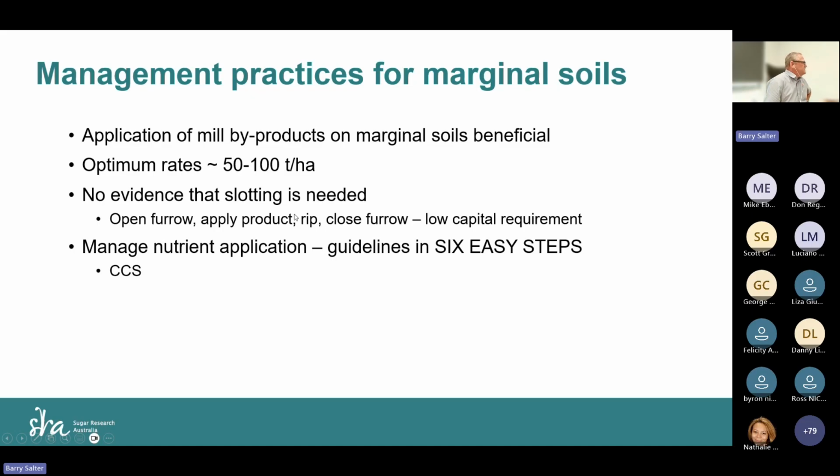There was no real evidence that slotting was needed. And what Atkinson and Larson tended to do was open a furrow, apply the product, put a ripper through that line, and then close the furrow. One of the advantages of doing it like that was that there was a relatively low capital investment, because just about every grower has an implement already that will open a furrow.